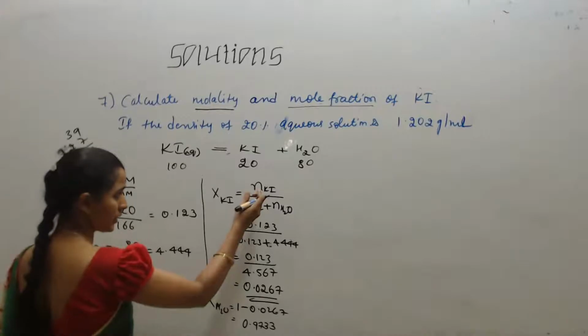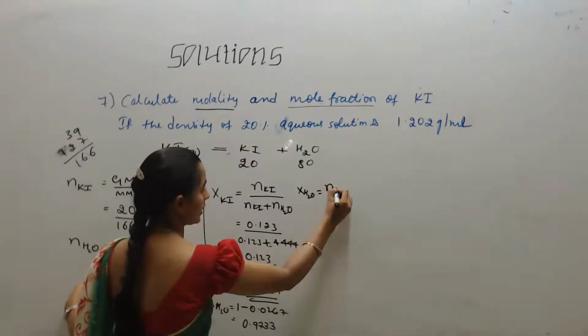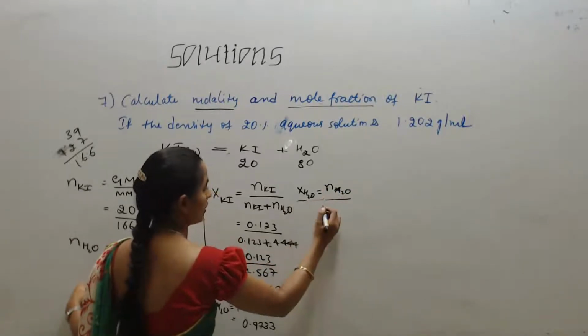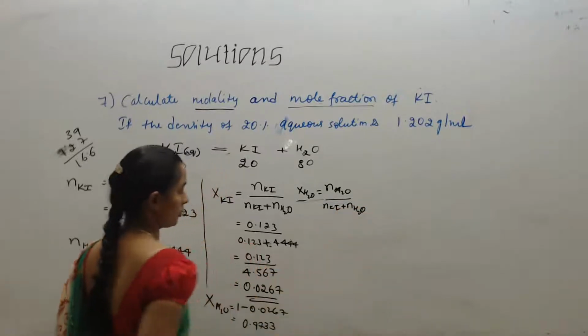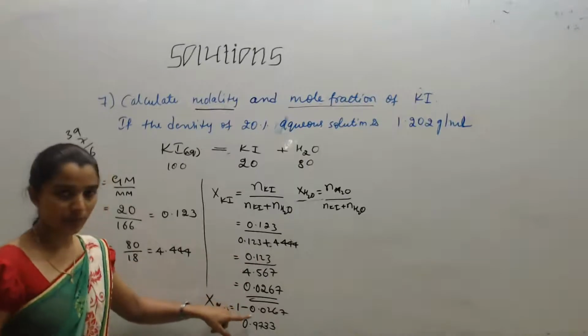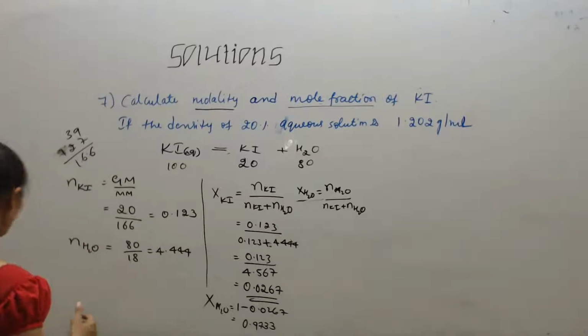Or how can you calculate it in the same manner? X of H2O is equal to n of H2O divided by n of KI plus n of H2O. If you apply the same formula, you will get the same answer, or you subtract this value from 1, you will get the mole fraction of the water.